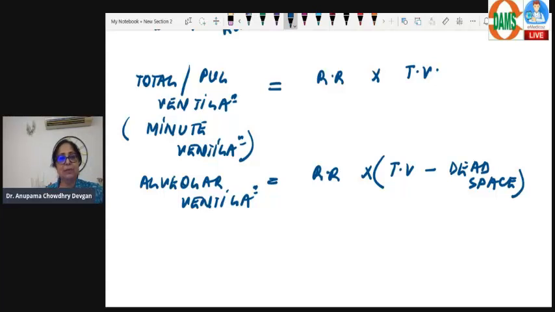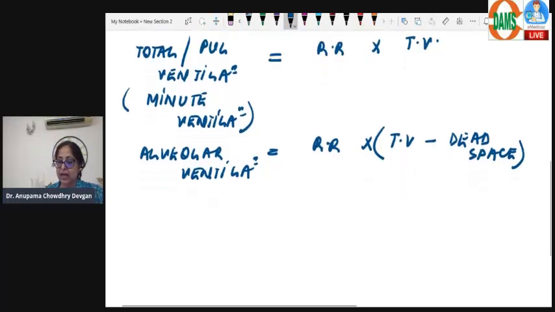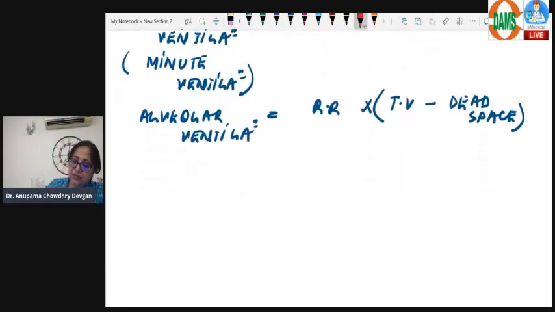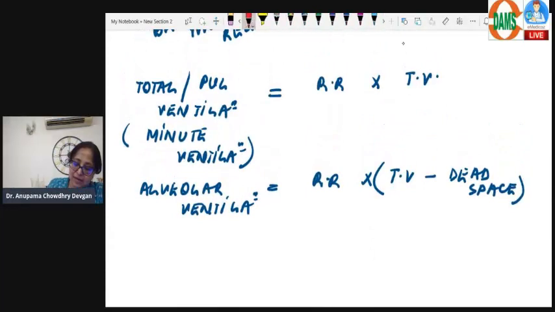Total or pulmonary ventilation is respiratory rate into tidal volume. By the way, this has been asked as a question. What is minute ventilation? Respiratory rate into the tidal volume.